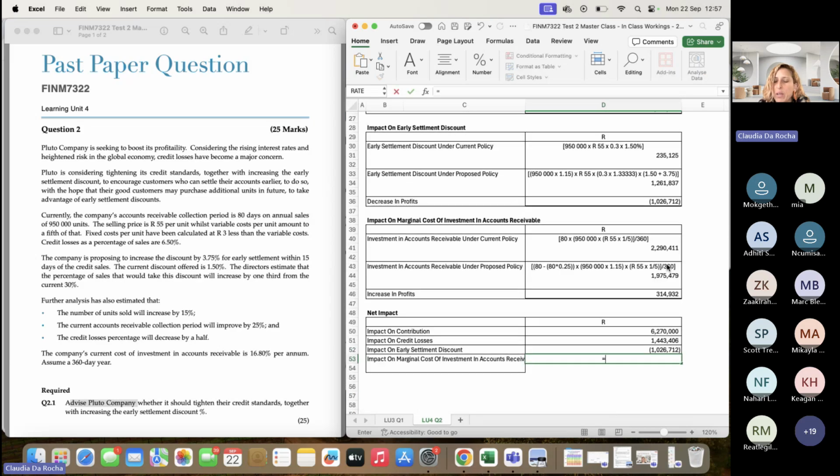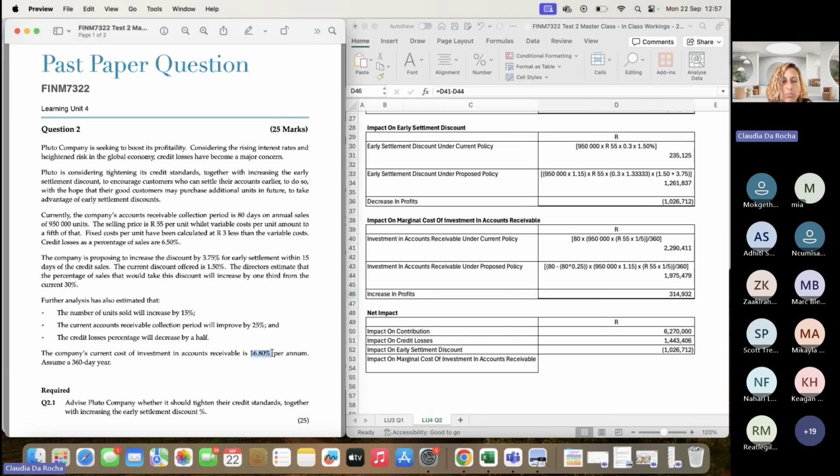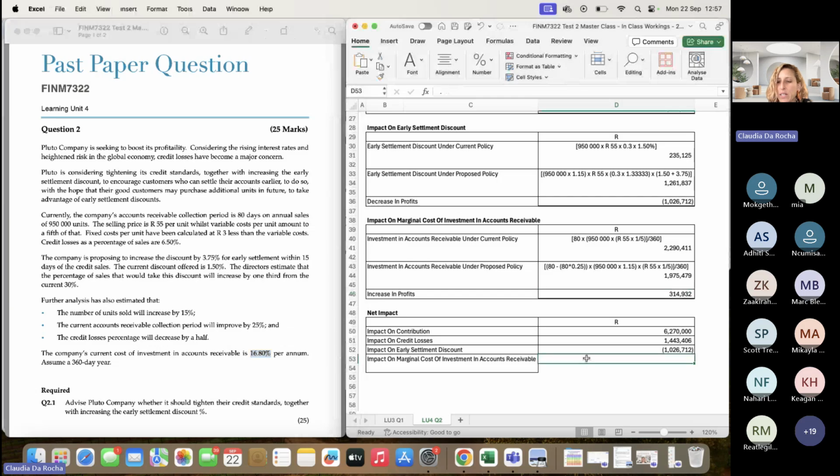We know the impact of your marginal cost is this, but remember what I said, that we have to use this percentage, the 16.80, to calculate. So I'm going to say it is the 314,932 times my 16.80%. Please don't make a mistake on that.